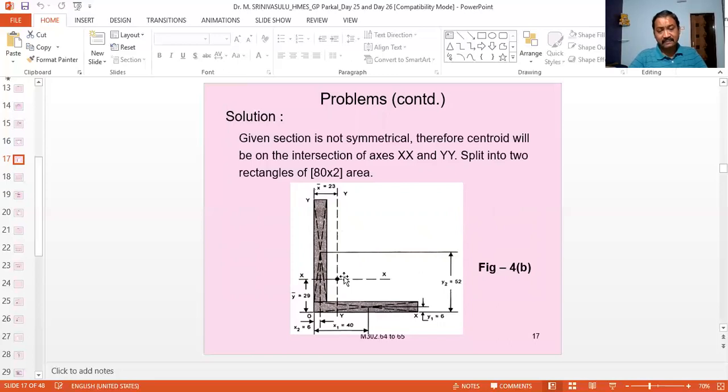So it is acting at some other point at a distance of 29 millimeters from the bottom edge and 23 millimeters from the left edge. So this is the answer, that is the centroid of the given angle section.